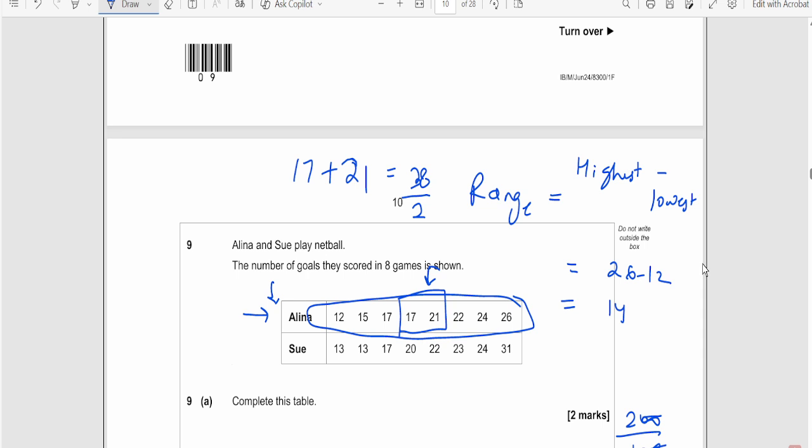So 2 divided by 3 you can't do, so that will be 2. Wouldn't it be 2?